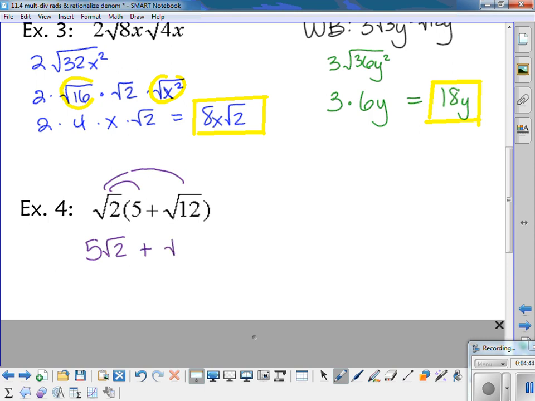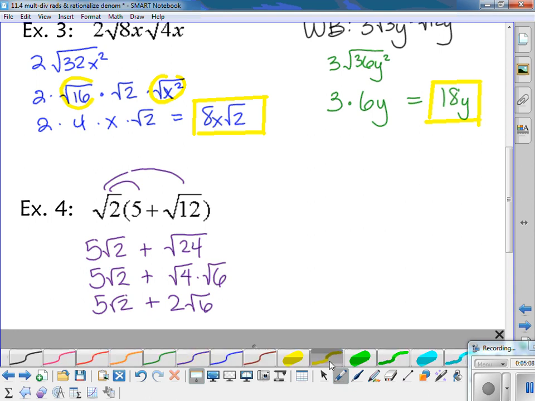But the 2 and the 12 are both under the radical, so I multiply them together and I get 24. Is there a perfect square that goes into 24? 4 goes into it, right? Okay, and so then that means I have 5 root 2 plus 2 root 6. And that can't be simplified any further, so that's your answer.